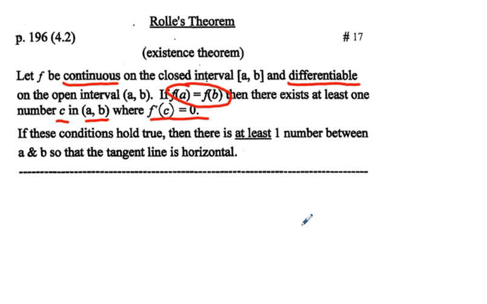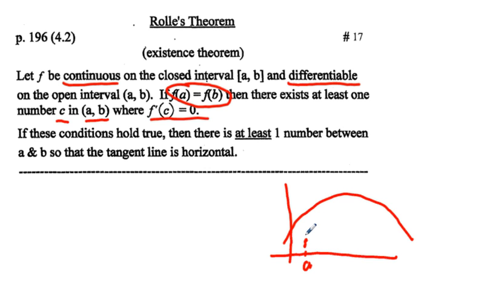And so graphically, we'll make a similar drawing to what we did last time, except you have to have A right here. Say this is A, and B is right here. Well, f of A has to equal f of B. All right?